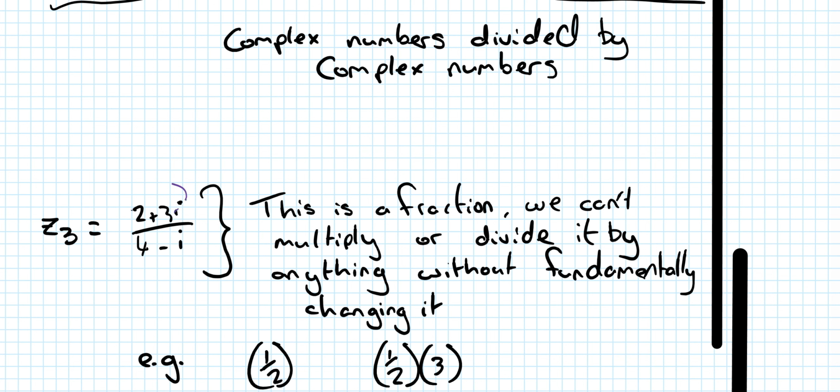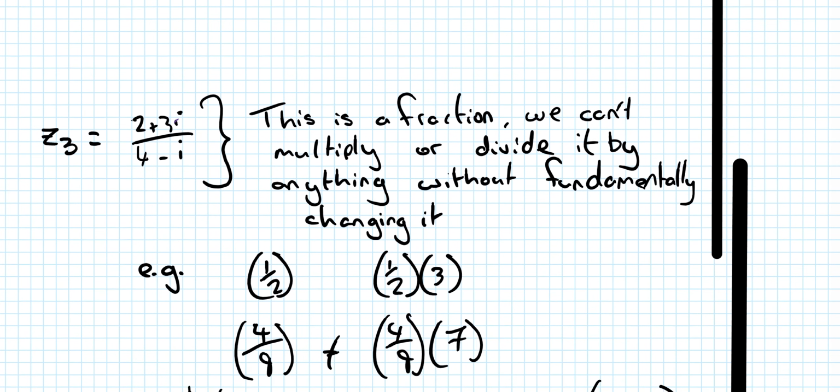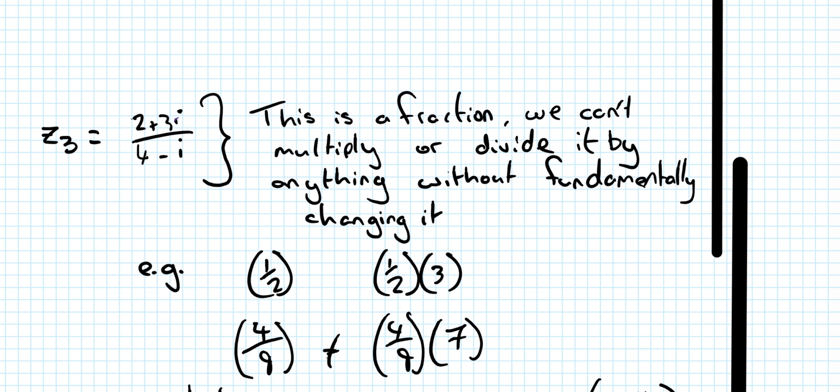So I'm saying Z3 is this number here. It's 2 plus 3i divided by 4 minus i. So this is a fraction. We can't multiply or divide it by anything without fundamentally changing it. For example, you couldn't multiply a half by 3, because then you would end up with 3 halves and it would be fundamentally changed. 4 over 9 is not equal to 4 over 9 times 7. There is one number I could multiply this by.